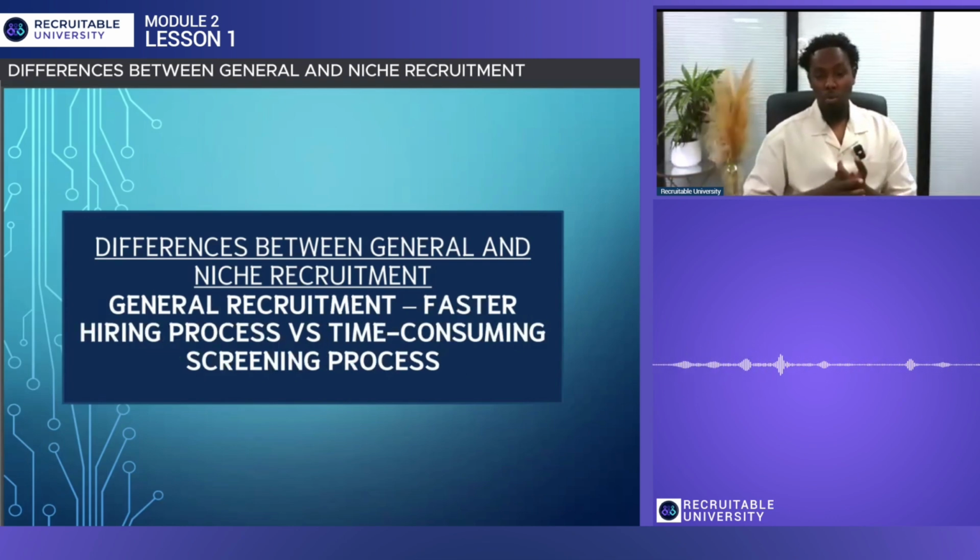And when it comes to general recruitment, there's a faster hiring process. It's easier to hire, but you're spending a lot more time hiring these people because you're screening more candidates. You've got a lack of talent, should I say, who are not matching the skills that your client is looking for.